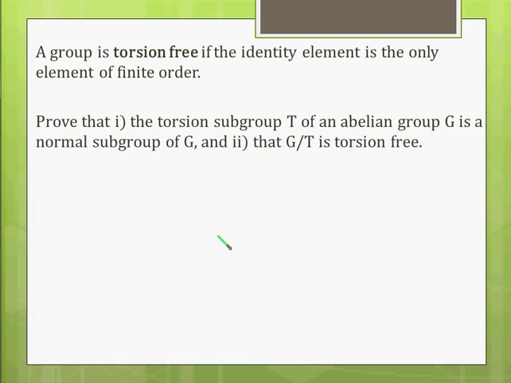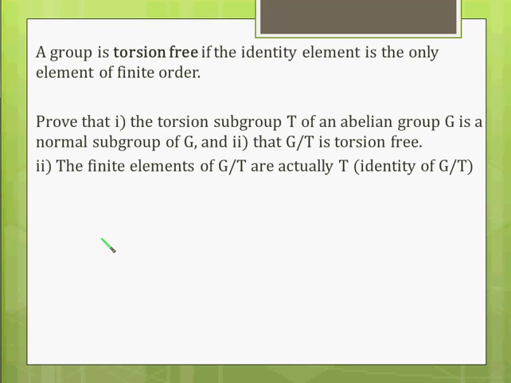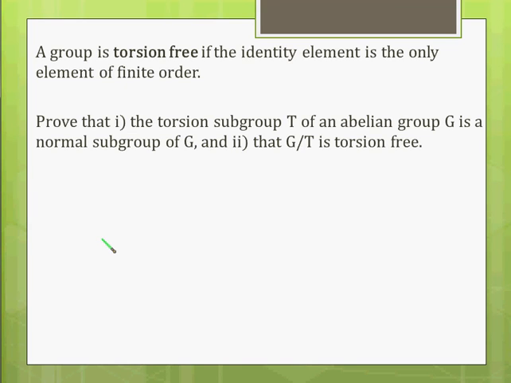Alright, so now we have to show the second part, so we need to show that G mod T is torsion-free. A group is torsion-free if the identity is the only element of finite order.